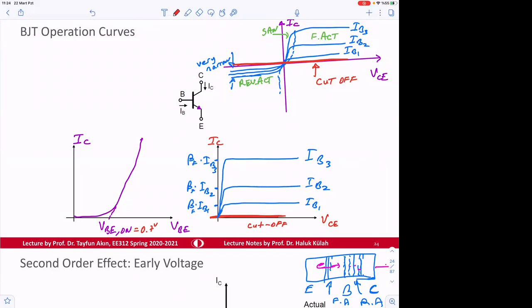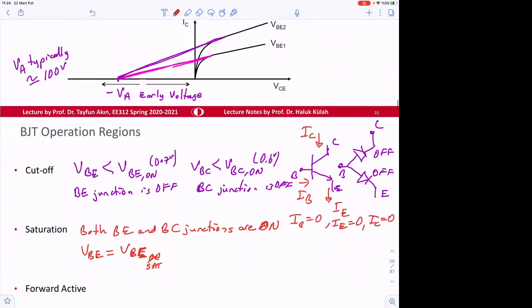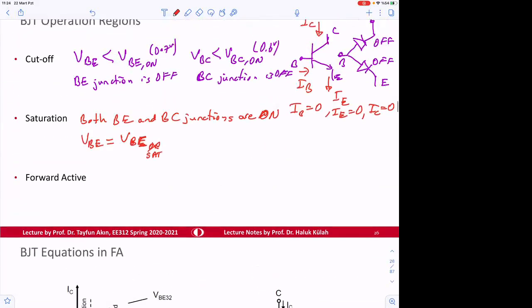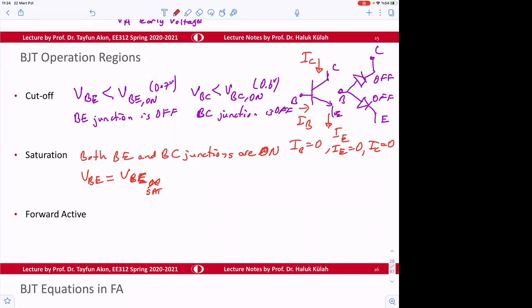So we can say that the voltage here is going to be 0.8. So in the model, it's better to use that as 0.8 volt.